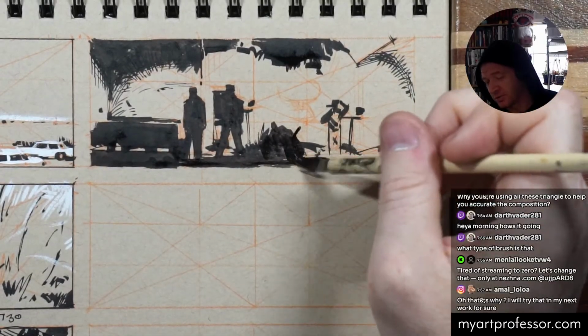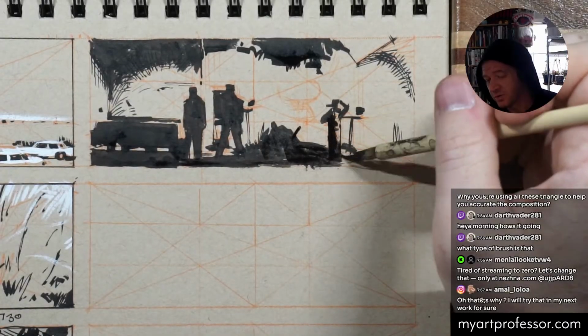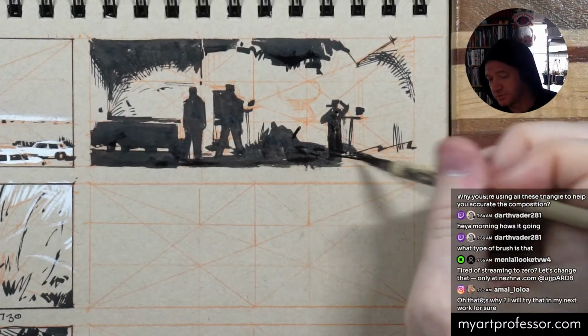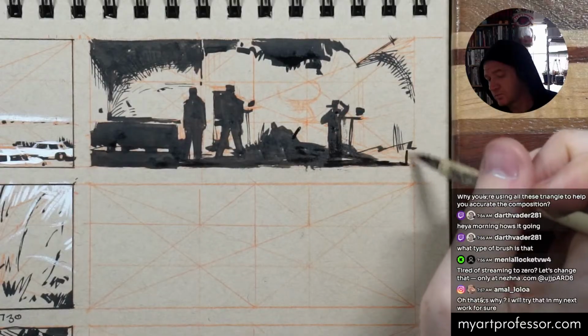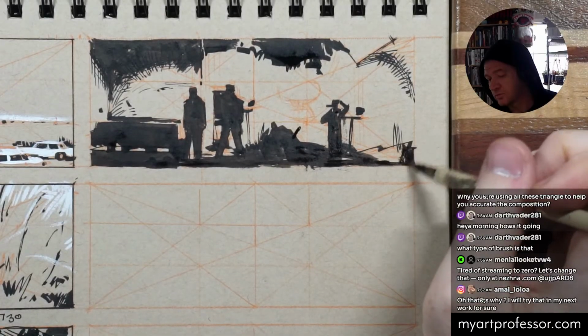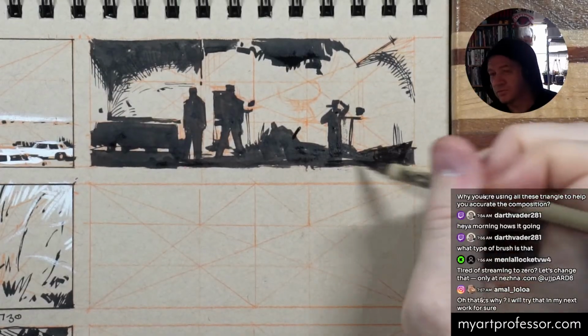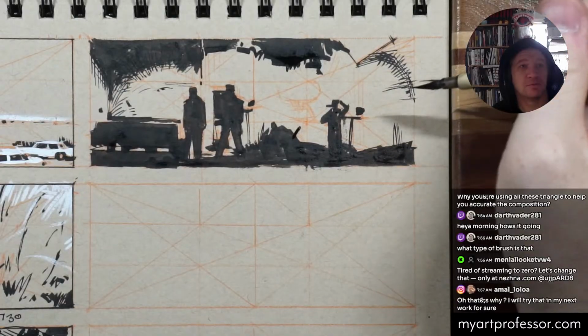Another popular grid is the golden rectangle, right? So you have the spiraling square. So it's helpful.